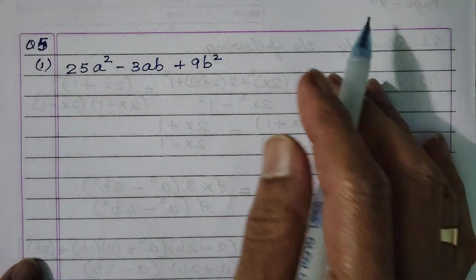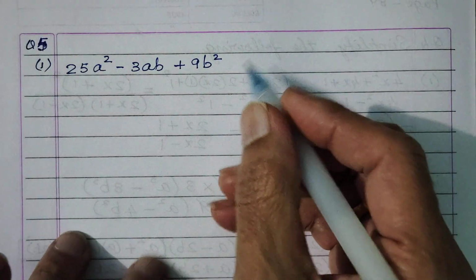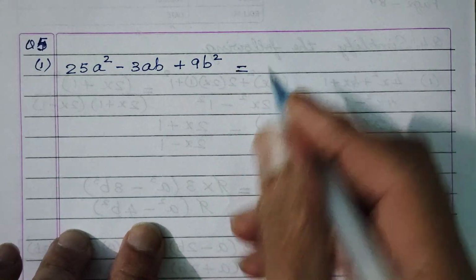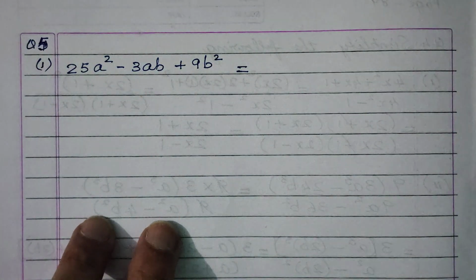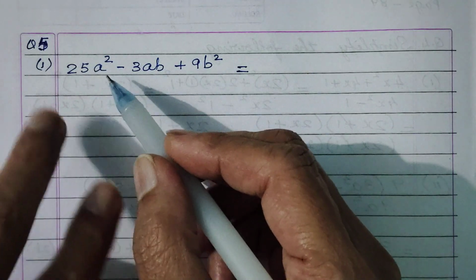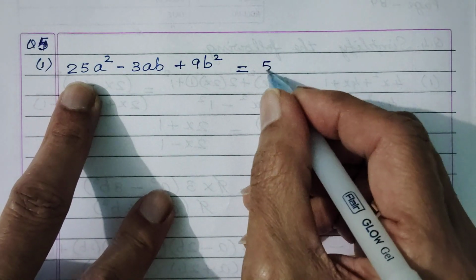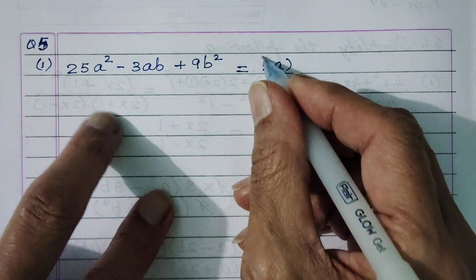You can see here, I can write this as 5a whole square.